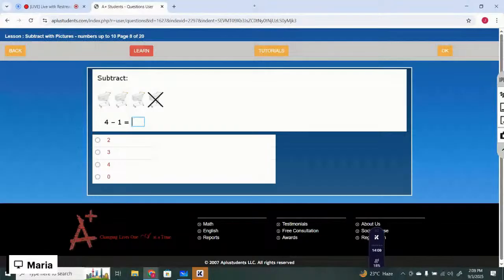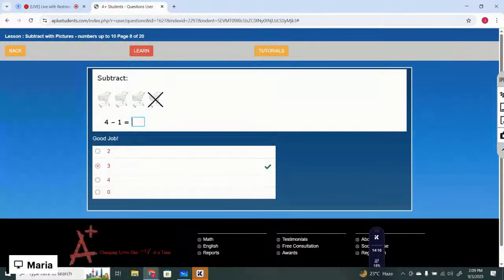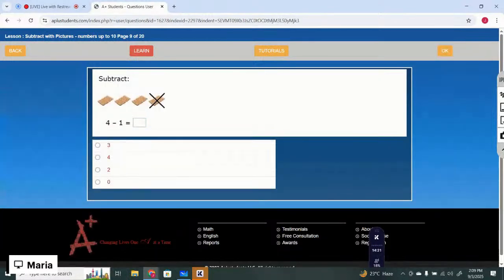Four take away 1 is 3. Count the ones that are not crossed out. So 3. Four take away 1. So which is the correct option?